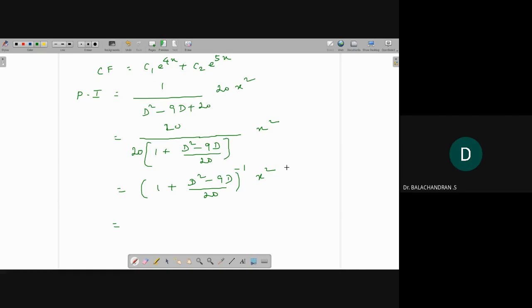So 1 plus x whole power minus 1: 1 minus x plus x square minus x cube, it is going on. So 1 minus x, d square minus 9d by 20. Okay, there is 1 minus x, so plus.